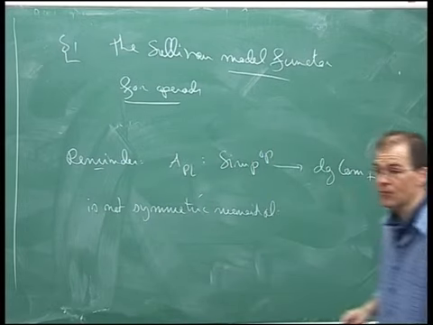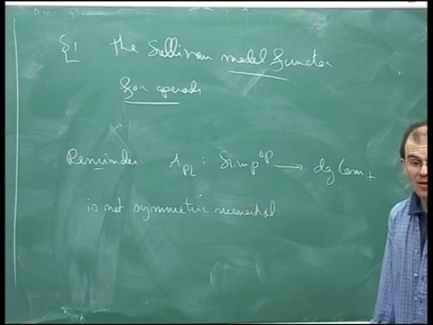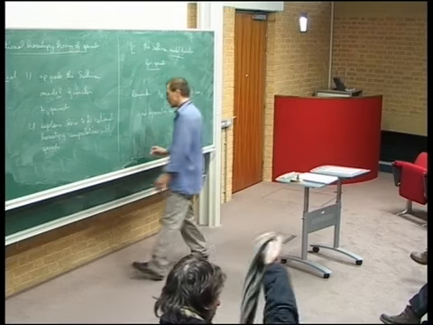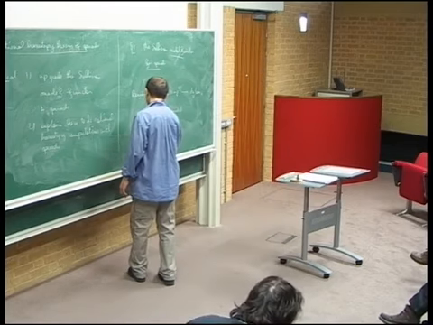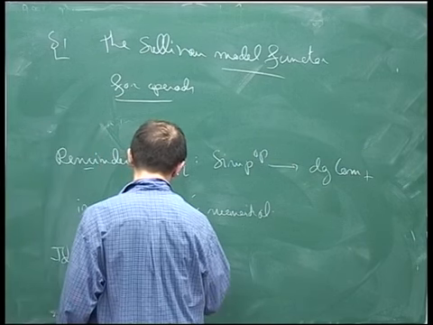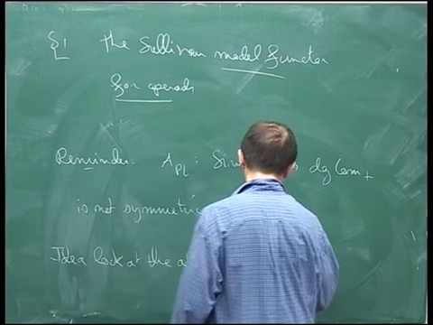So the problem is to fix this flaw in order to get something which works for operads. So the idea is to look at the adjoint functor of this functor.